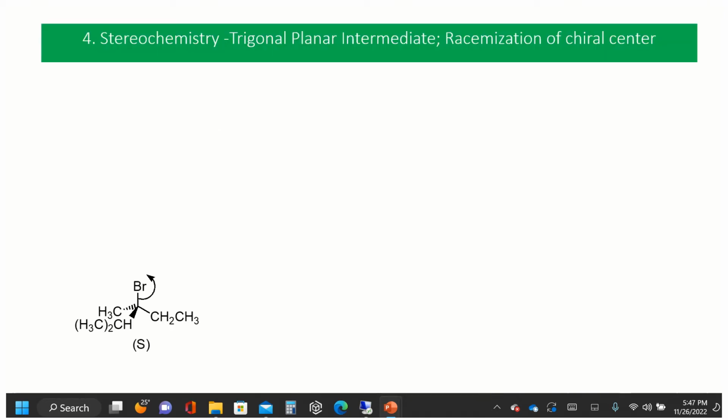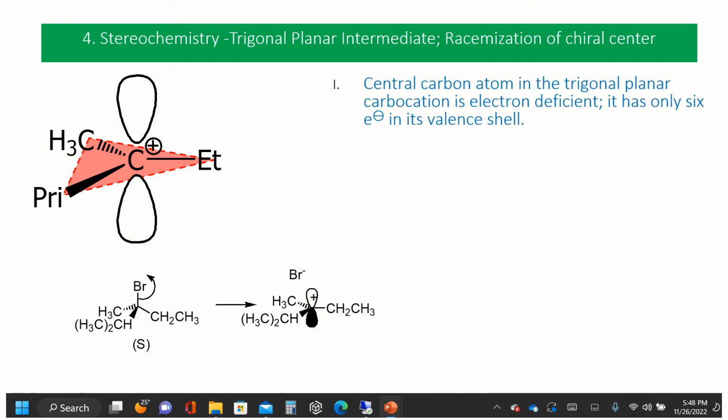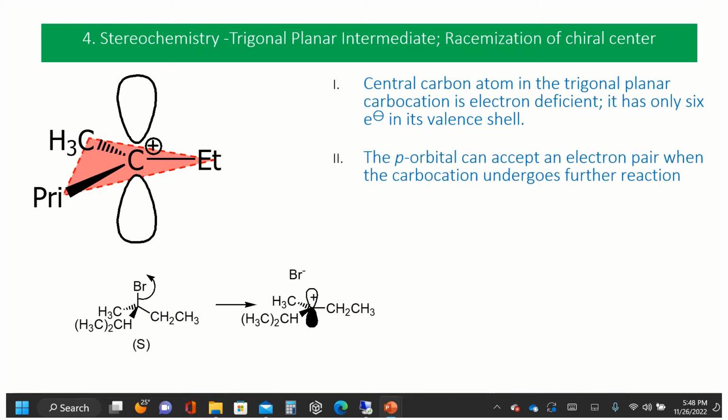Let's look at the stereochemistry, because as we're looking here at the dissociation of this compound, which has this configuration, it realizes a trigonal planar central carbon. The incoming nucleophile can attack the electron-deficient carbon above or below the ring.